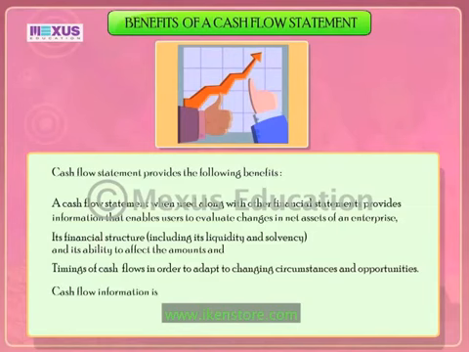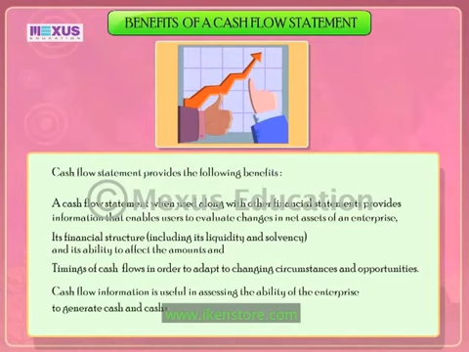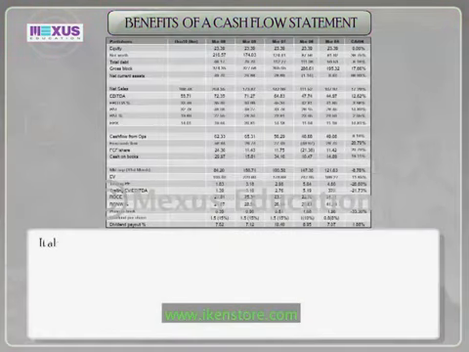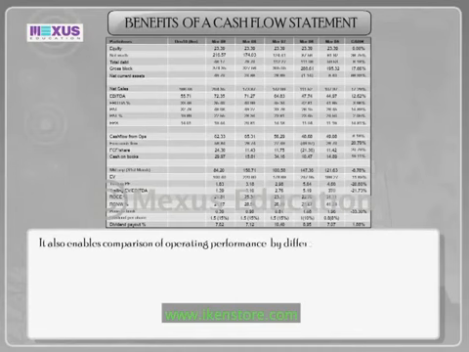Cash flow information is useful in assessing the ability of the enterprise to generate cash and cash equivalents and enables users to develop models to assess and compare the present value of the future cash flows of different enterprises. It also enables comparison of operating performance by different enterprises.